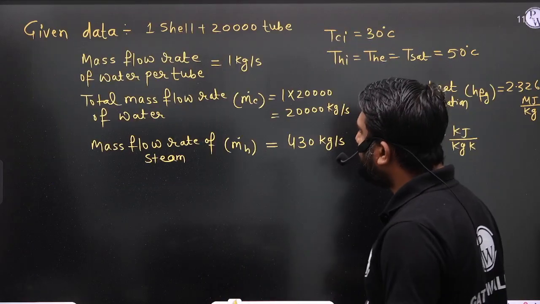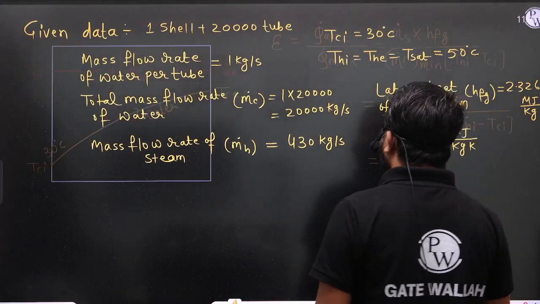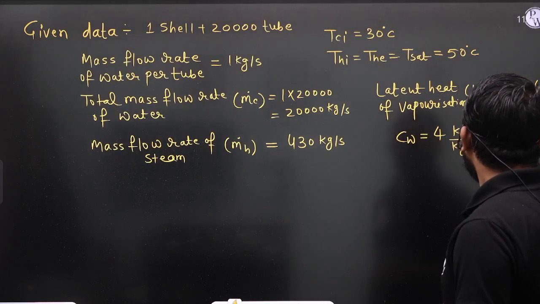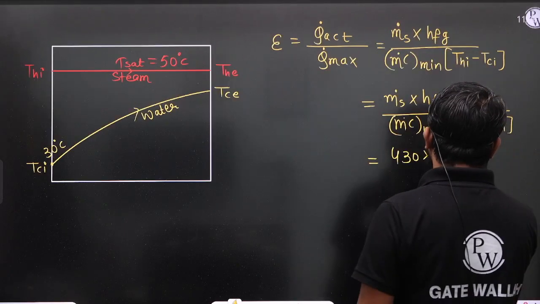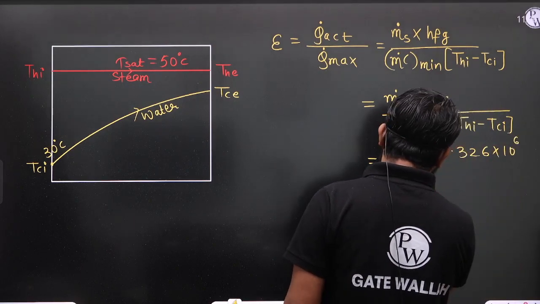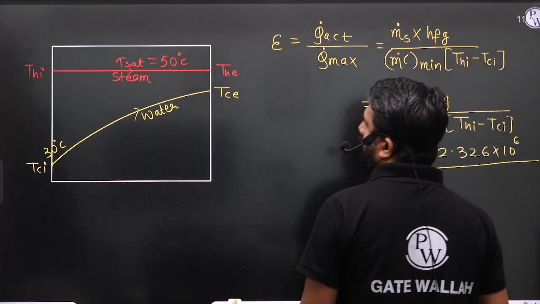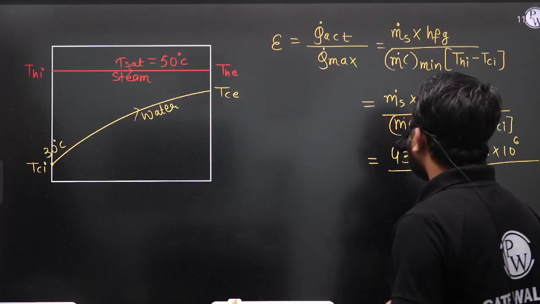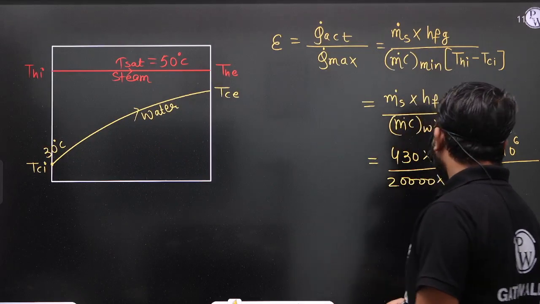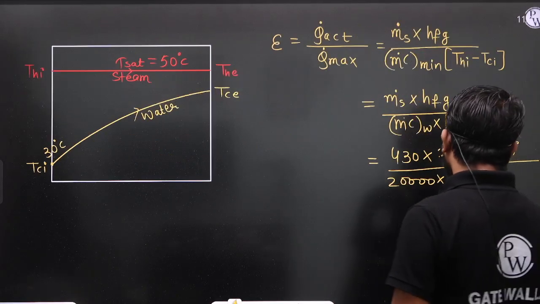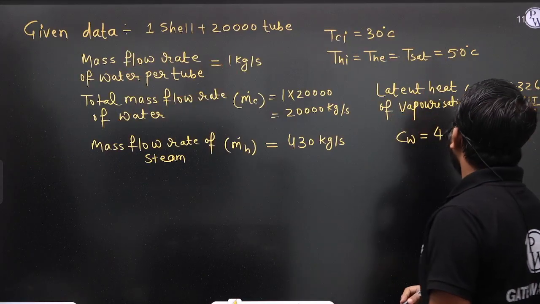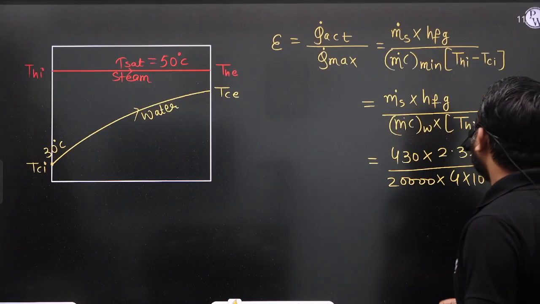Now the mass of steam which is condensate is given in the problem, that is 430 kg per second, right? Latent heat of vaporization is also given, 2.326 into 10 to the power 6 joule per kg, upon the mass flow rate of the water, that is 20,000 kg per second, multiplied by specific heat of the water, that is 4 into 10 to the power 3, multiplied by T_hi minus T_ci. T_hi is given 50 and T_ci is given 30, so 50 minus 30.